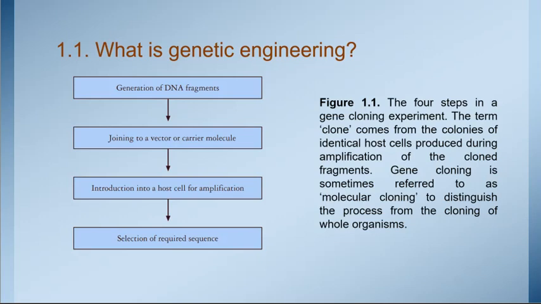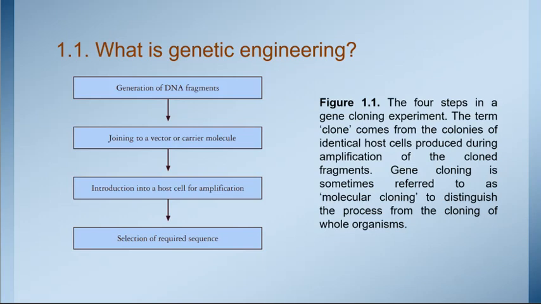The principle of genetic manipulation is the ability to isolate a single DNA sequence from the genome. This is the essence of gene cloning and can be considered as a series of four steps. You can see the four steps of genetic engineering in this figure 1.1.